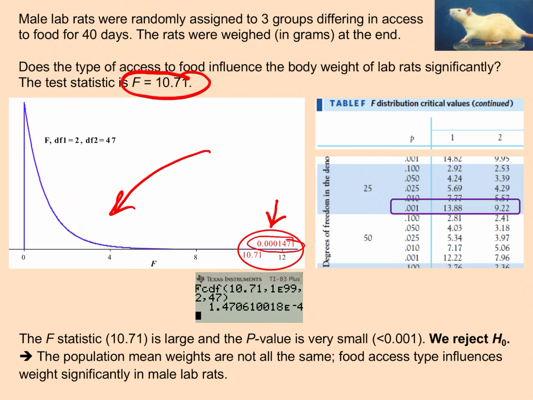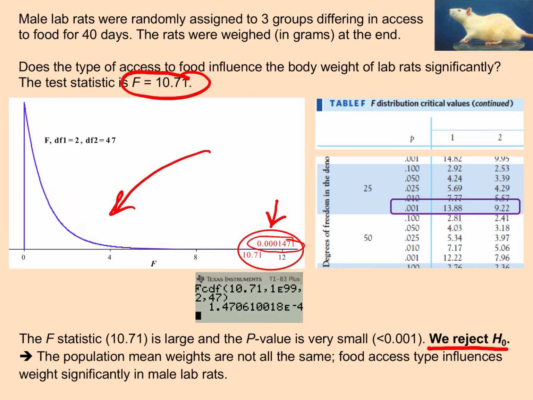That's where that p-value of 0 came from. Based on that very, very small p-value, we're going to reject our null hypothesis. In other words, the alternative is probably true. The alternative says that the population mean weights are not all the same. In other words, what diet these rats were fed has a significant effect on their weight gain in male rats.